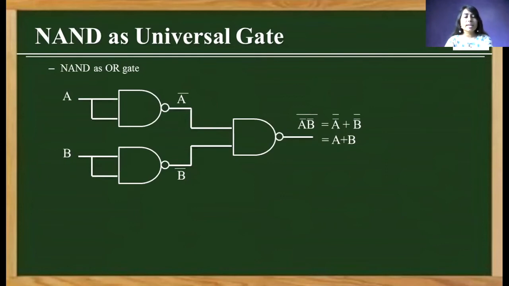So we have A dash dot B dash whole dash, and by using De Morgan's law we can represent that as A dash dash plus B dash dash, or A bar over bar plus B bar over bar, and again as the complement of any number twice gives the original number, we have A plus B over here. So using these 3 NAND gates, we can invert the outputs and we have the OR characteristic using NAND gates.